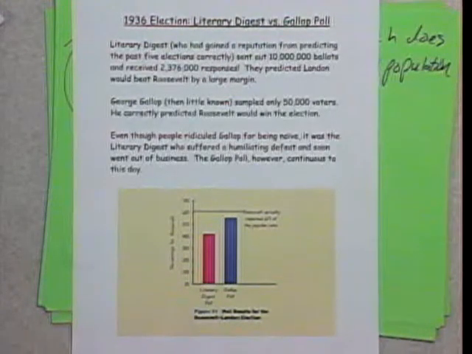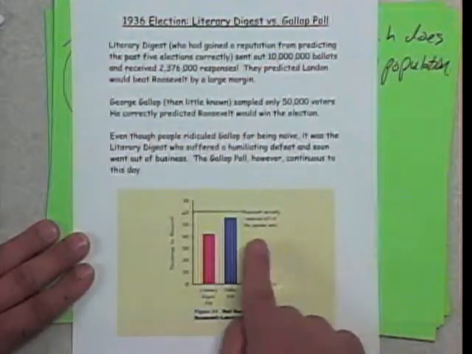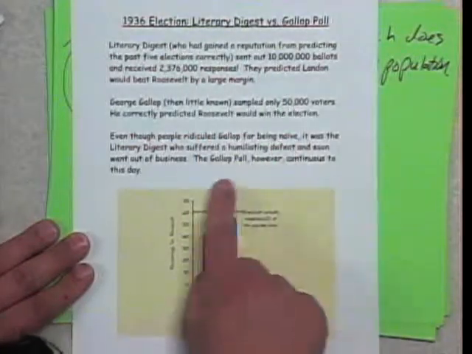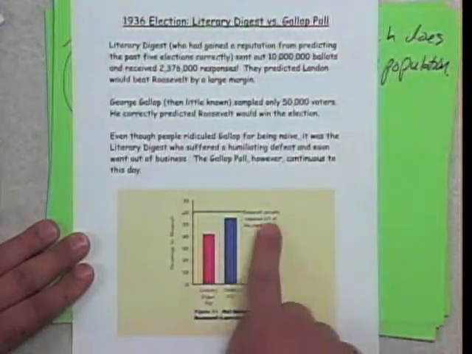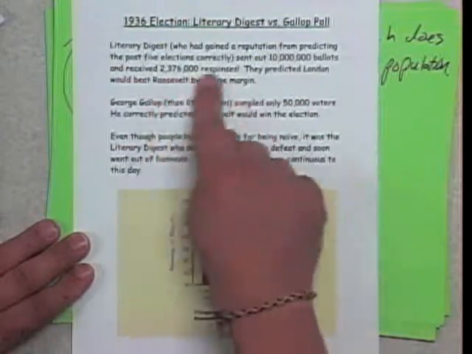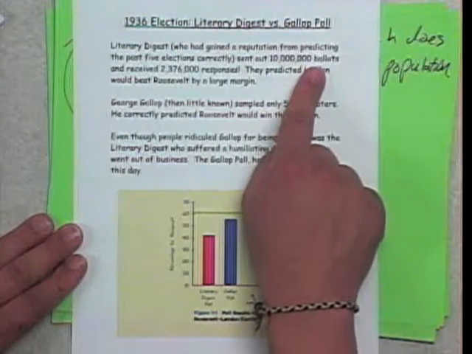And this particular year, I think it was the first year of the Roosevelt election. The Literary Digest sent out 10 million ballots.